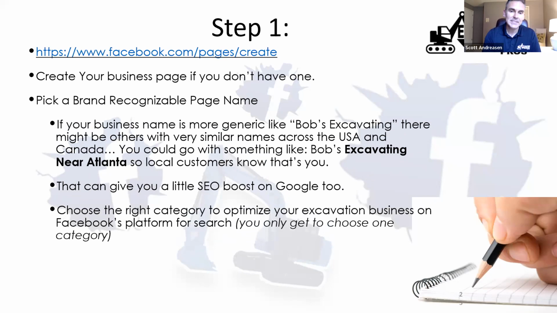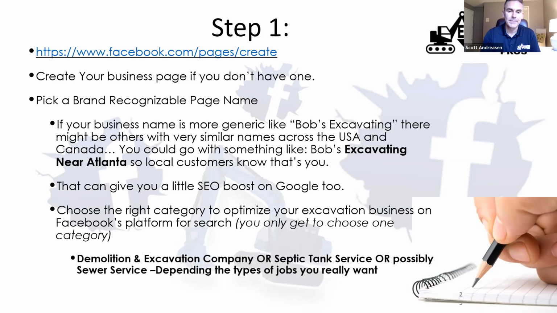Choose the right category to optimize your excavation business on Facebook's platform for search. Now, at the moment, you only get to choose one category, okay? So demolition and excavation company is one. That's going to be a good choice for many of you. Septic tank service is another good one.